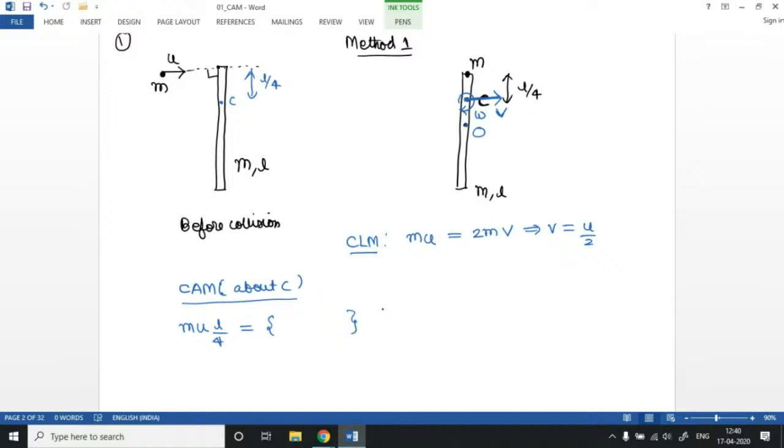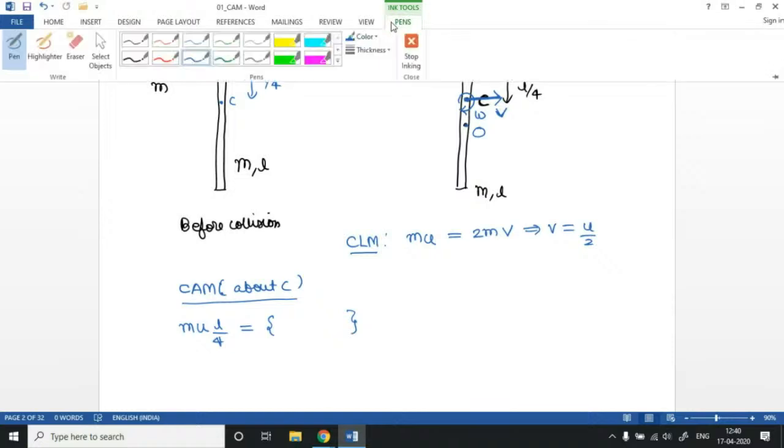Translational angular momentum about point C of the system will be equal to 0. Let me write it in detail to avoid confusion.